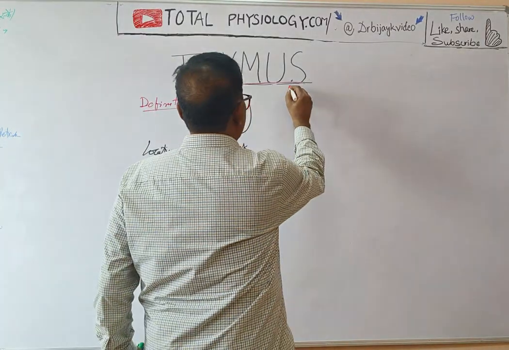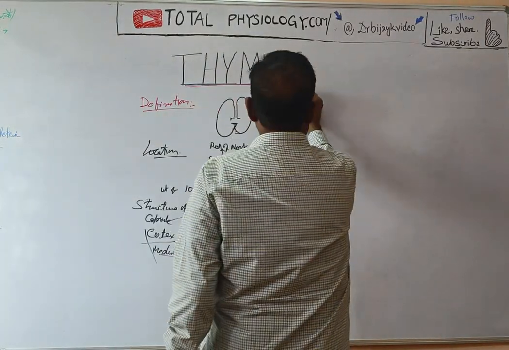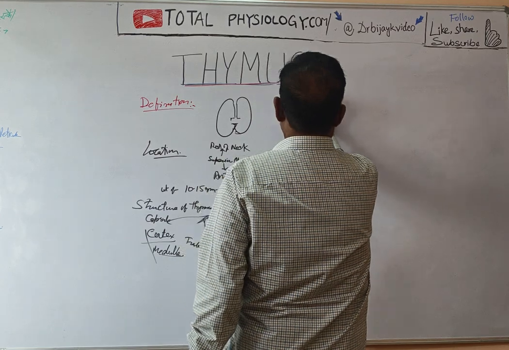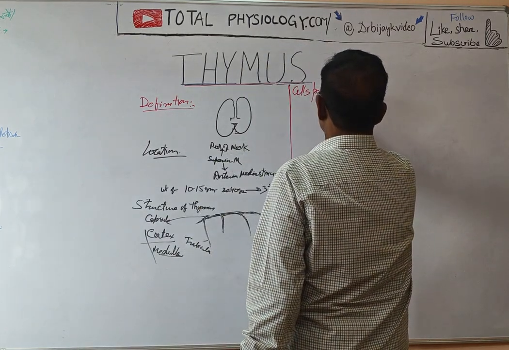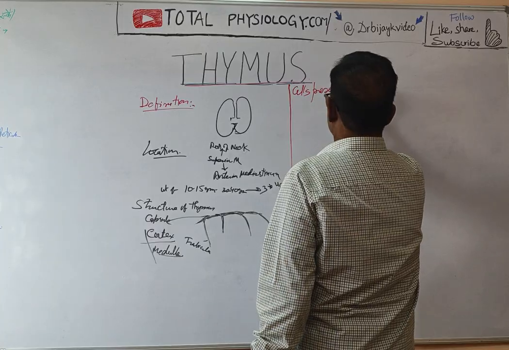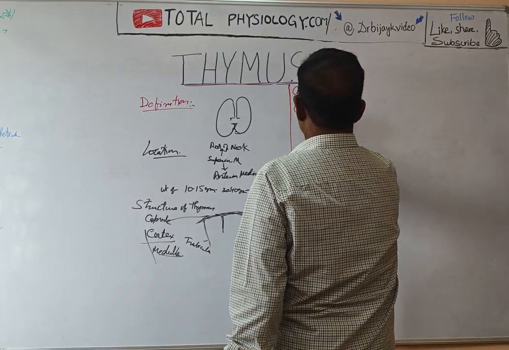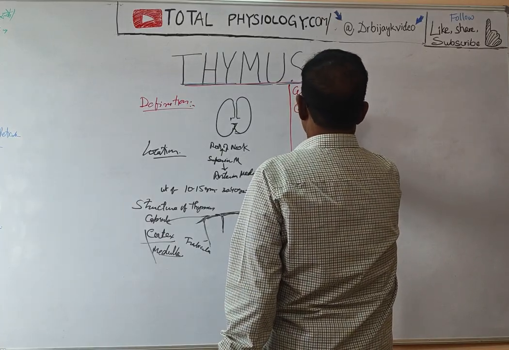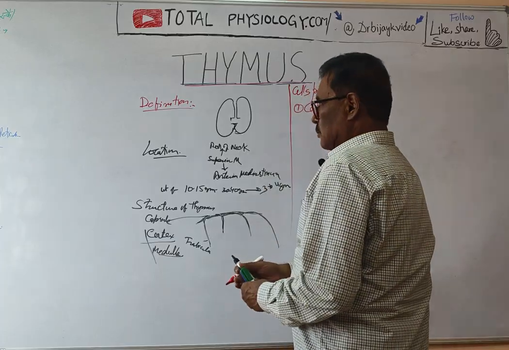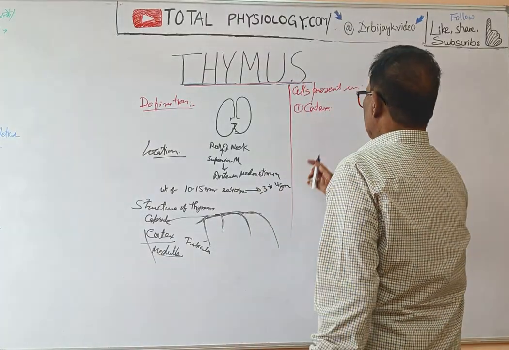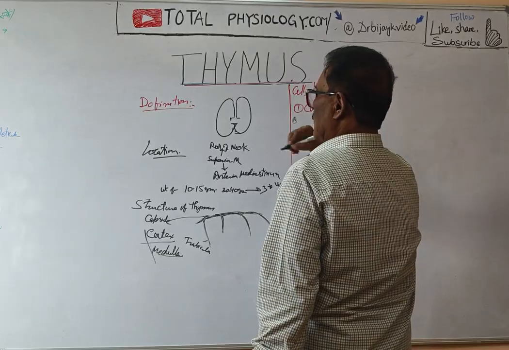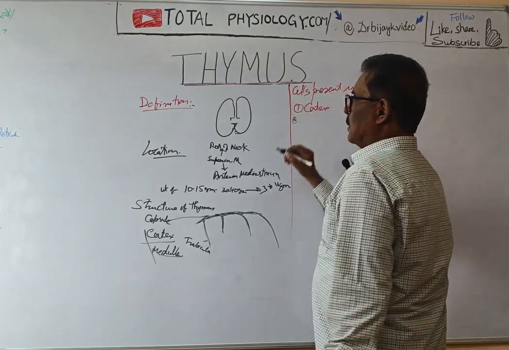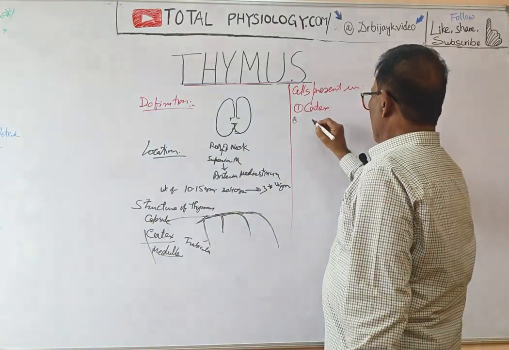Cells present in the cortex: number one, cortex. Cortex is outermost, and cells present are, number one, rapidly or actively multiplying lymphocytes.